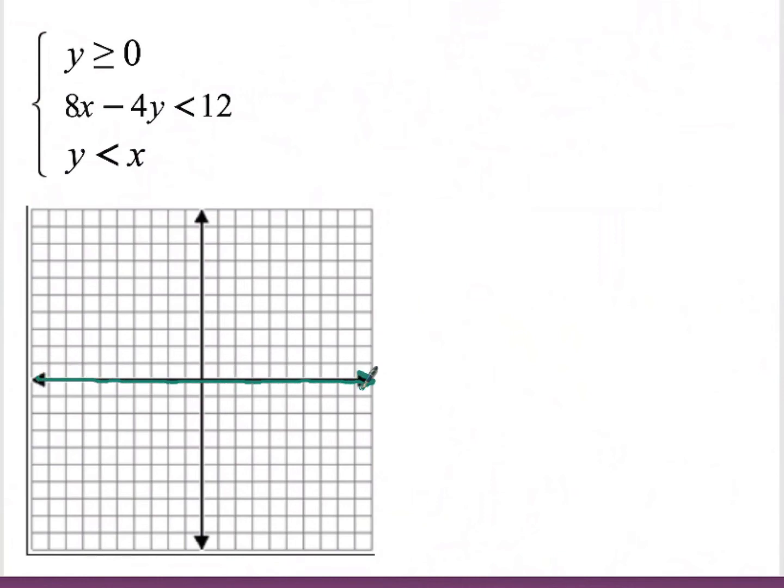I'm going to graph y equal to 0. This is a greater than, and the y is by itself, so I can shade above. This second equation, I could either graph it in intercept form or solve for y. I'm kind of feeling solving for y on this one. Have to switch the signs. I'm dividing by a -4.